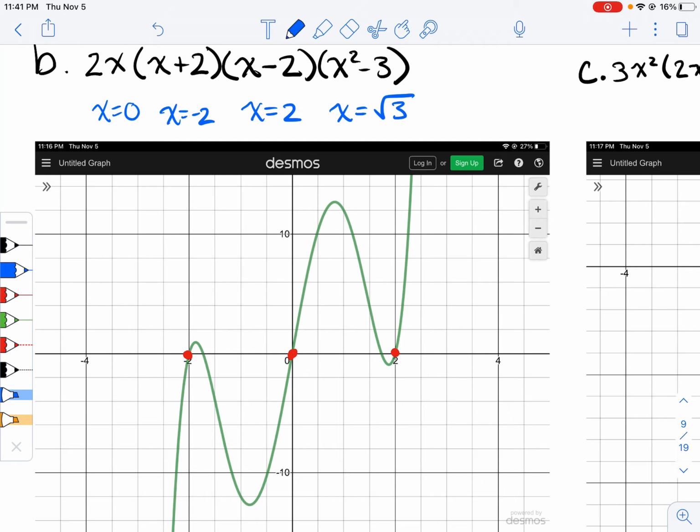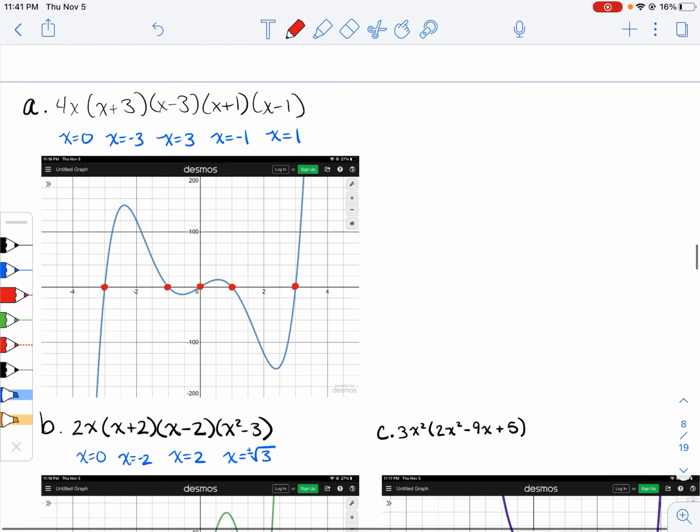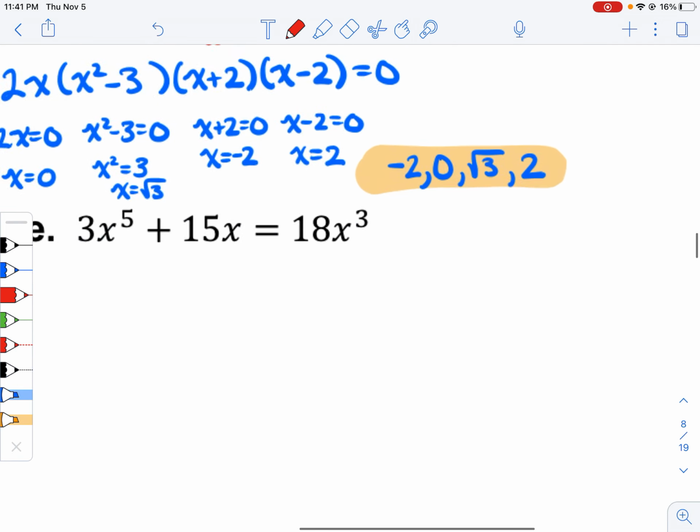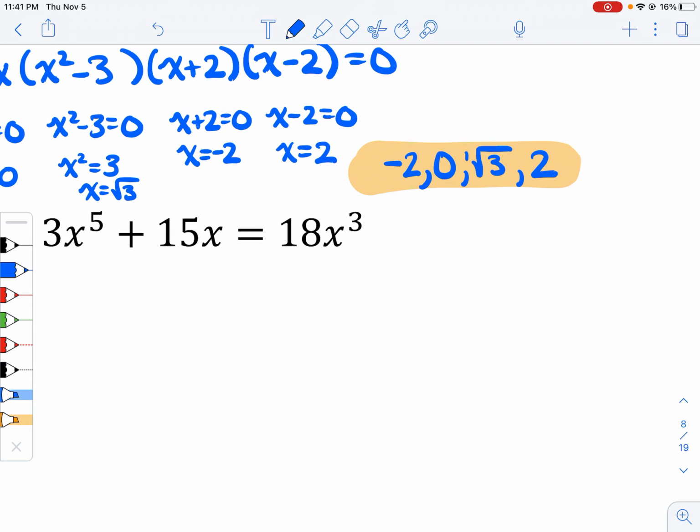And you know what? I forgot something. Really, this should be a plus or minus, because our decimal, this is our negative square root of 3, and this would be our positive square root of 3. So really, you do need that plus or minus. Let's add that up here.